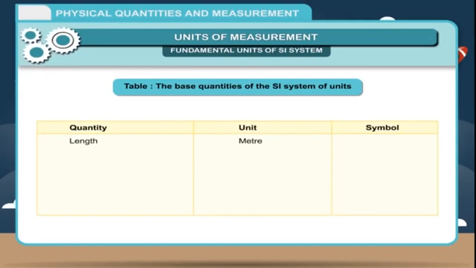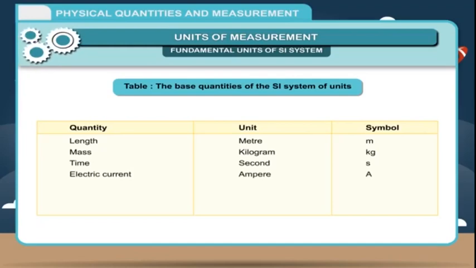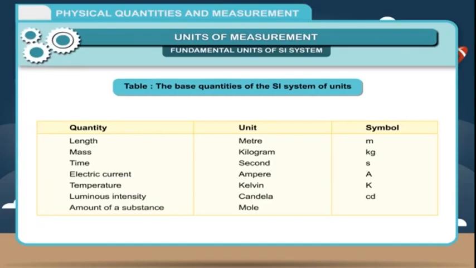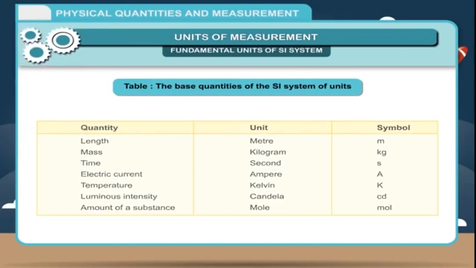Length, meter, m. Mass, kilogram, kg. Time, second, s. Electric current, ampere, A. Temperature, Kelvin, K. Luminous intensity, candela, cd. Amount of a substance, mole, mol.